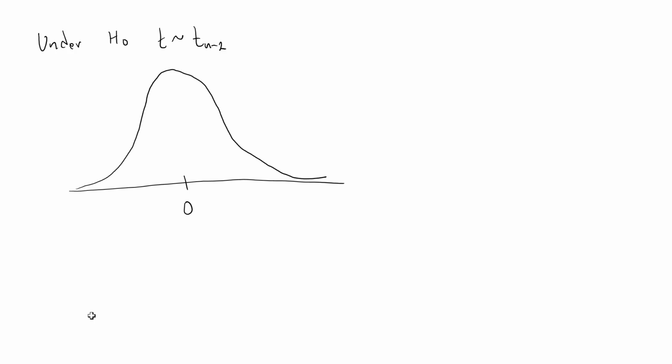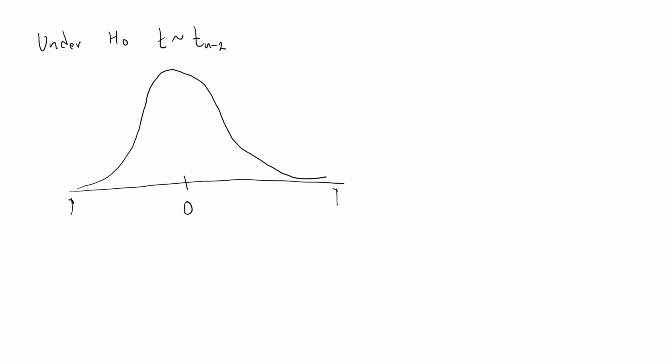So this has a probability density like this, symmetric around 0, expected value 0, and so on. Just like we talked about in the introduction to hypothesis testing, if I now actually get a t-value which is way out in the tails of this distribution, then I should probably say that that is not correct.